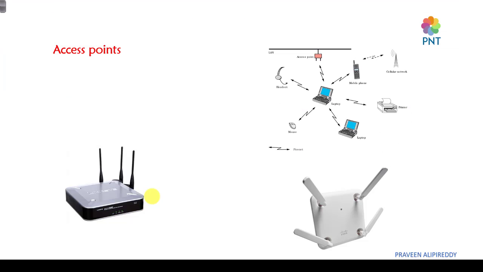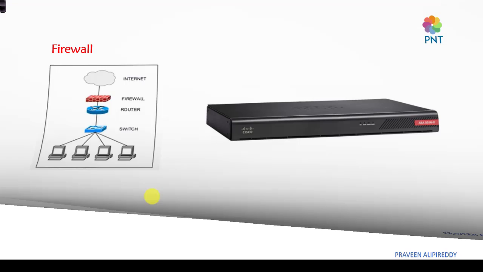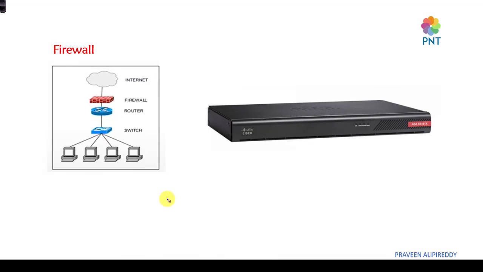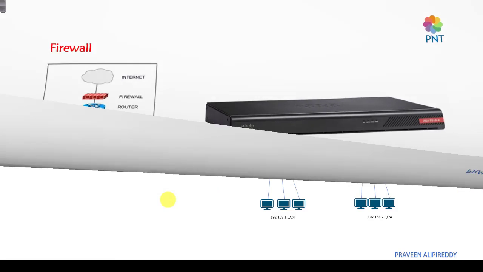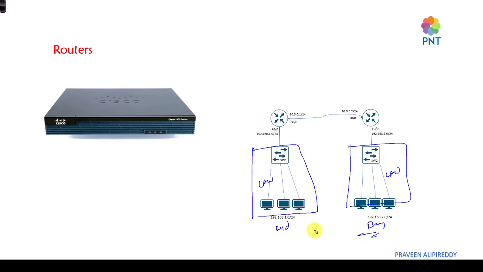Then next we talk about the device called routers. Let's say you have one LAN in Hyderabad and another LAN in Bangalore. If you want to communicate between these two different LANs, we need a device called a router.